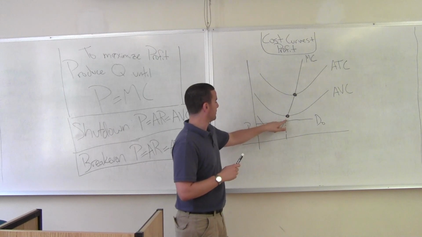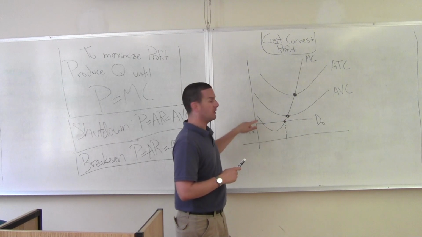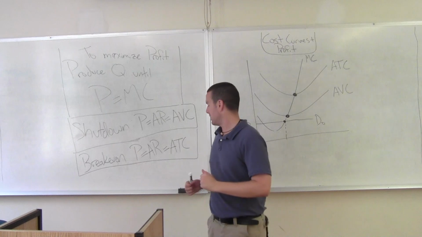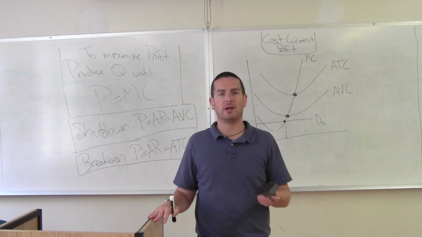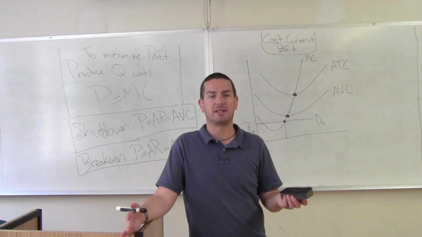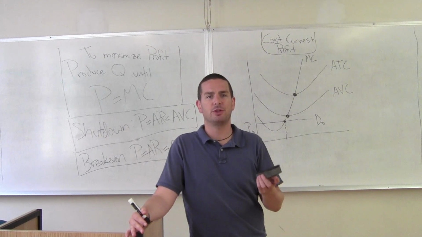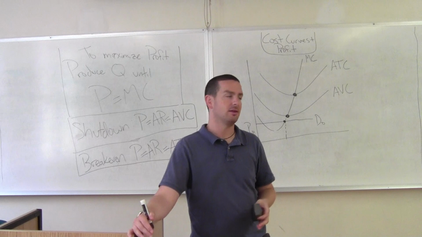So this portion of the marginal cost curve becomes irrelevant. You're never going to produce below the shutdown point. That's why it's called the shutdown point. You would never produce beneath it.